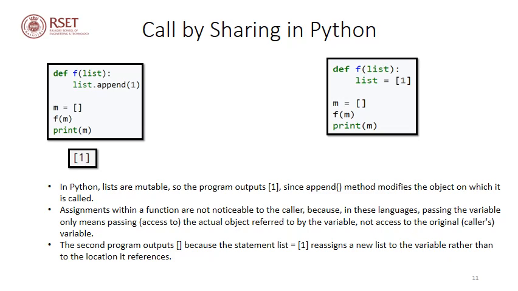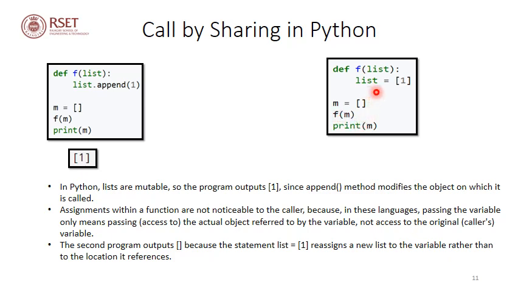Now let's see another variant of this function. Here we have the same function f which takes a list as input, and within the body of the function, instead of using the method append, we are trying to reassign the value of the list to 1. And in the main program again we have an empty list m. We are passing it as an argument to f, and then we are printing the value of m once this function returns.